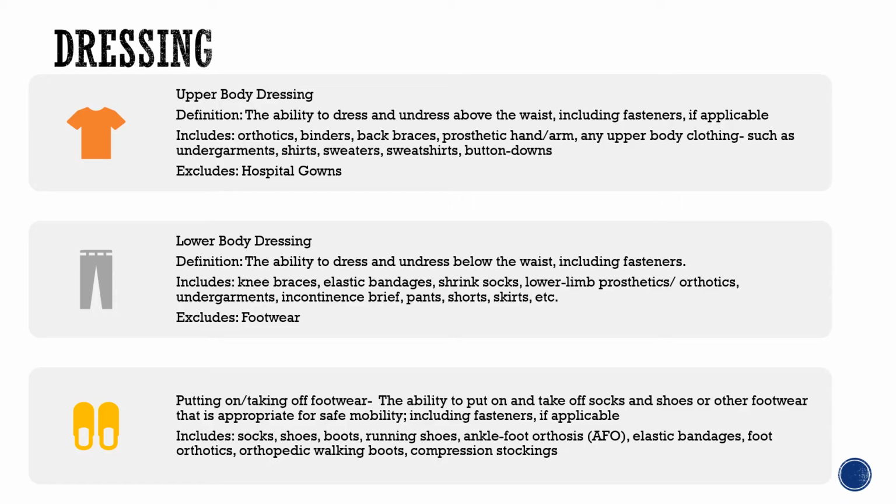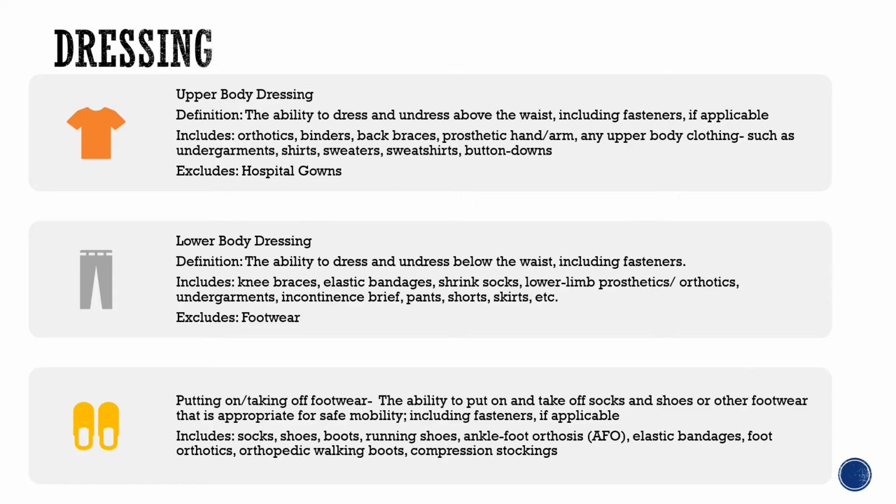Some areas that we also need to think about with dressing is when we are determining the appropriate code, we have to assess each specific area and code each different activity. So we only code that specific aspect of dressing in that distinct area. So if we're just talking about a shirt, that shirt doesn't count in lower body dressing and it's not going to count in footwear.